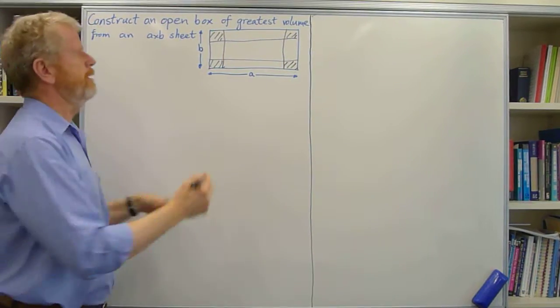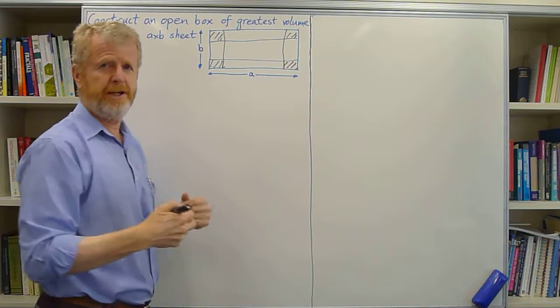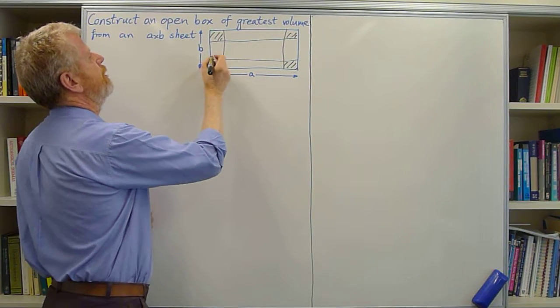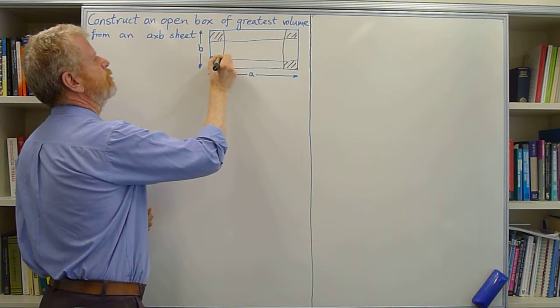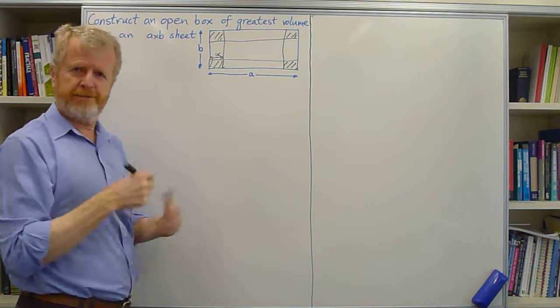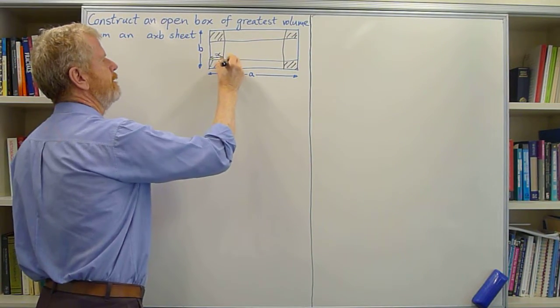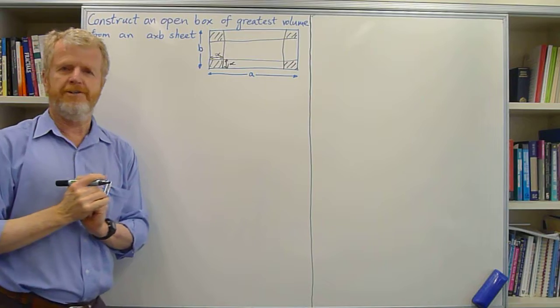and then fold up those sides. What's the volume? And then how do we choose this to maximise the volume? So let's call the amount that we cut out x, which we don't know yet, in each direction.